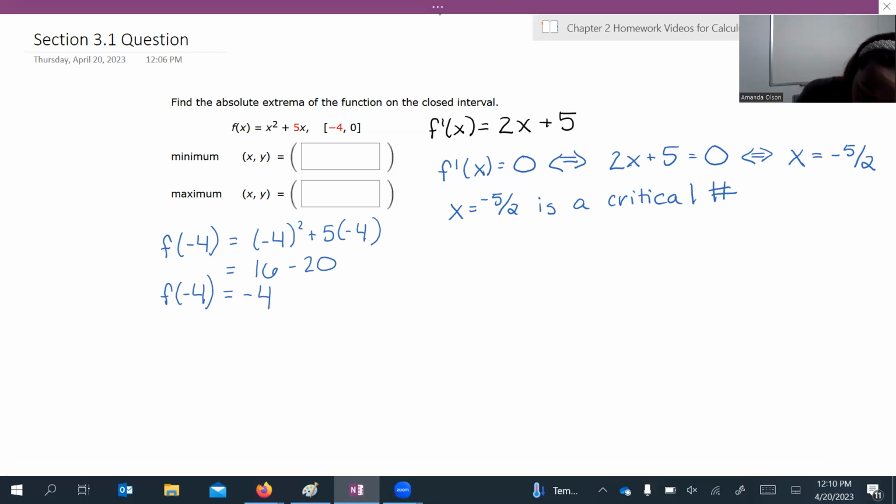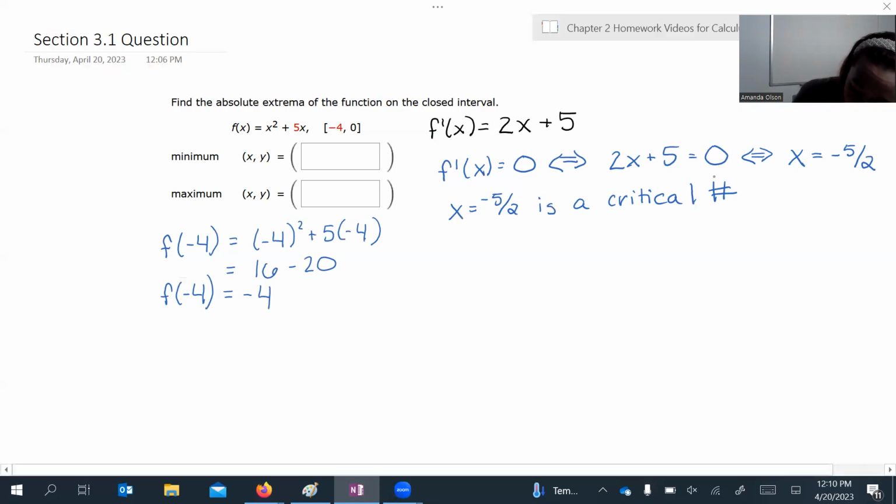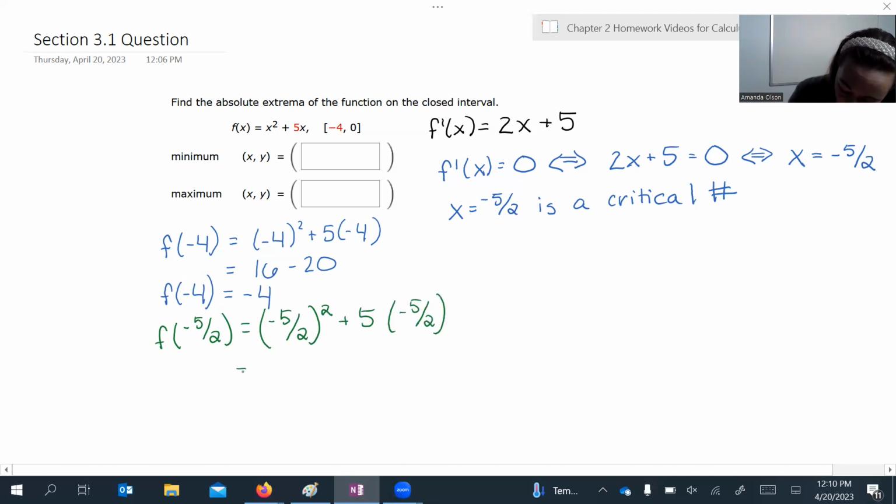From there, we can go ahead and evaluate at our next highest x value, which is going to be our critical number, f of -5 halves, which is going to equal -5 halves quantity squared plus 5 times -5 halves, which is going to equal 25/4 minus 25 halves.